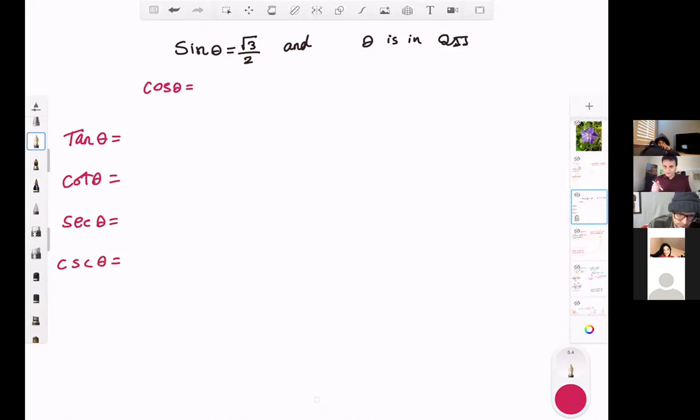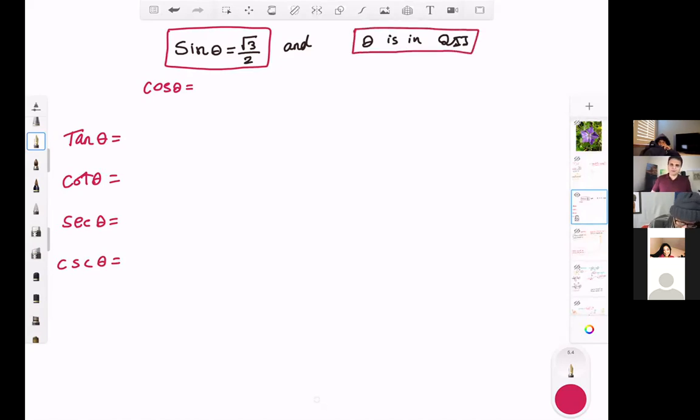As I said before, this is the type of question that you all see all the time. I give you sine of theta and I ask you for the other six trigonometric functions. For this type of question, they need to tell us where theta is.